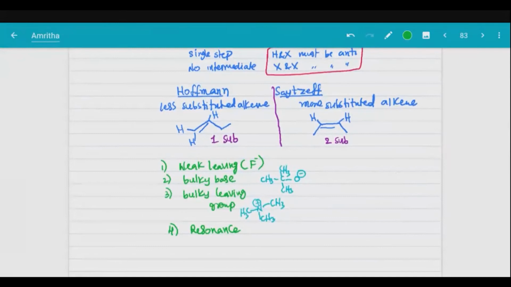These are the conditions. So we have to check all these 4 conditions to get Hofmann product. If there is no bulky base, no bulky leaving group, no fluoride leaving group, then we can clearly say that is Saytzev product.